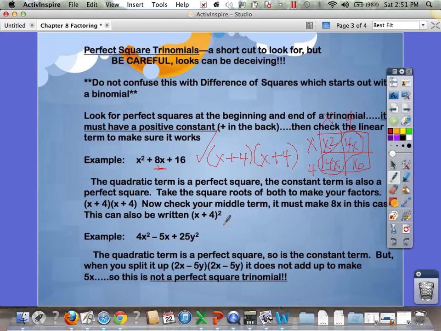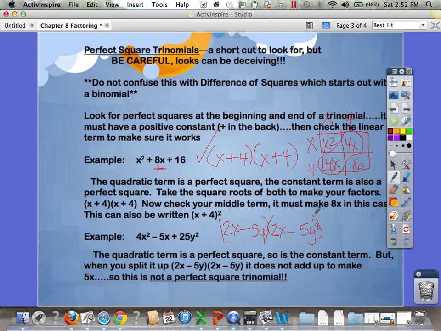That would make square root of 4 is 2x. It's going to be minus minus because we have a plus, so it has to be minus minus. So let's put that. And then if we're following this pattern, square root of 25 is 5. Square root of y squared is y. And that would also be over here.